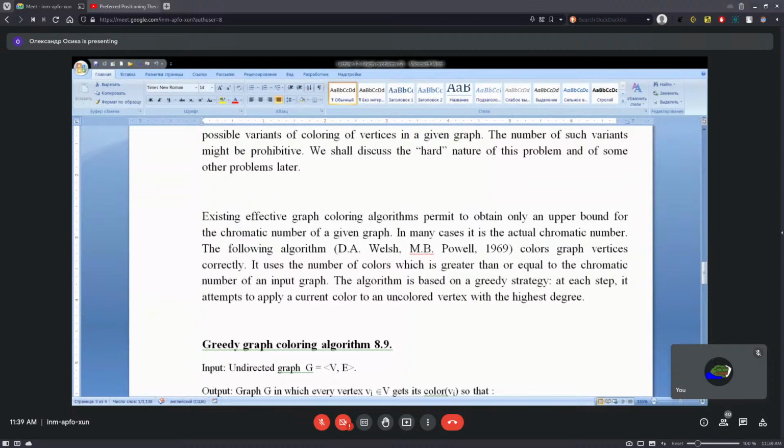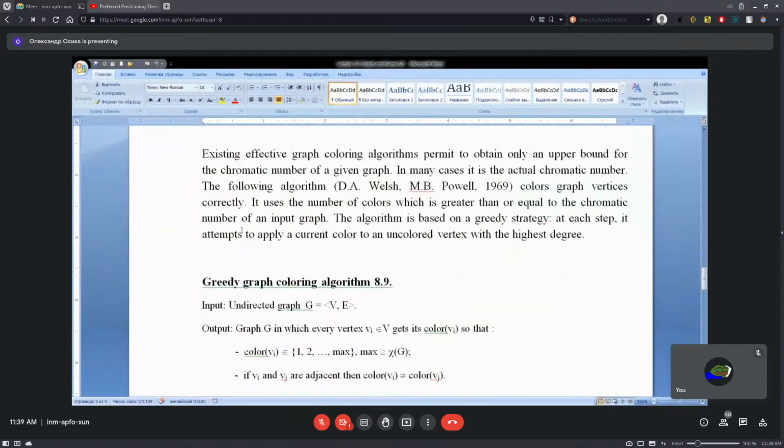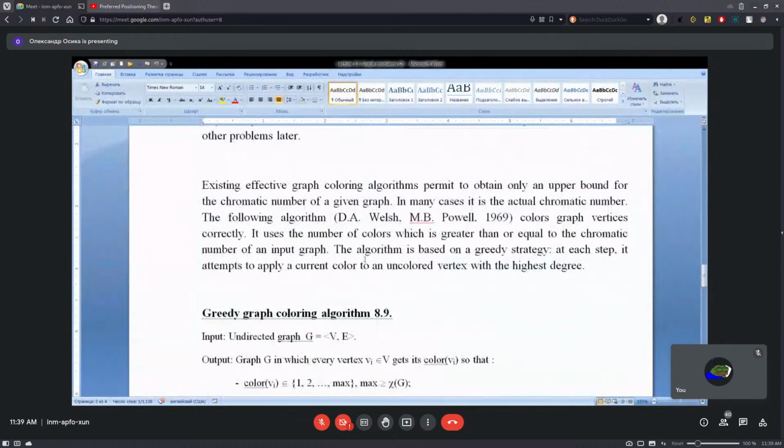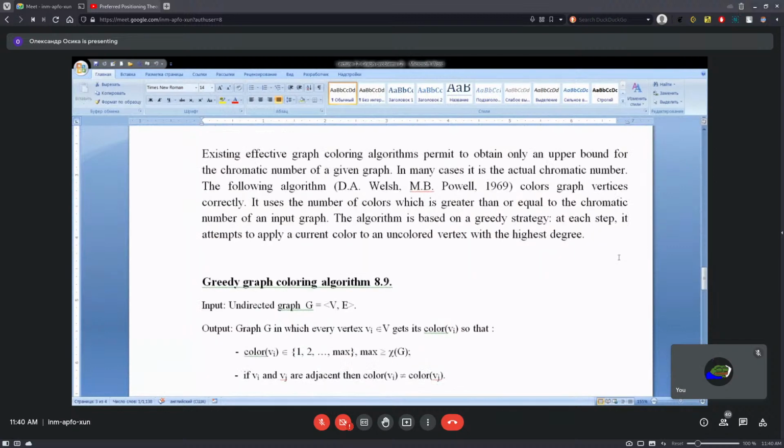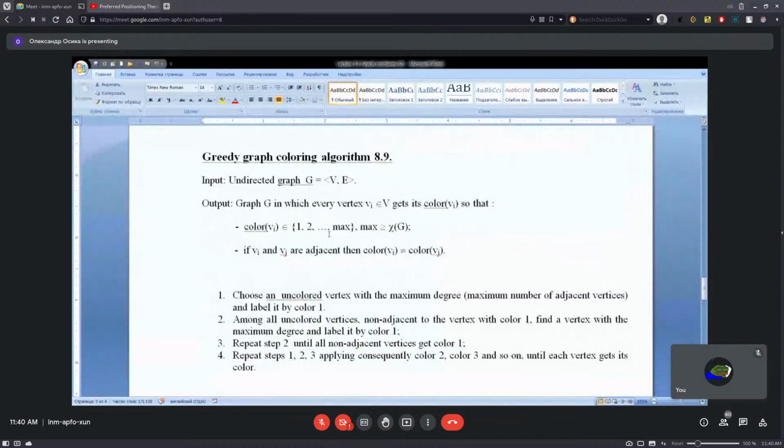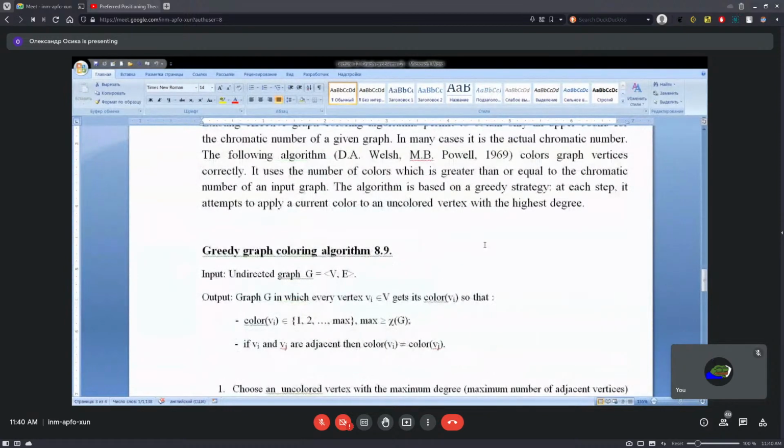In many cases, it is the actual chromatic number. The following algorithm here, a greedy algorithm designed by Welch and Powell in 1969, colors graph vertices correctly. It uses the number of colors which is greater than or equal to the chromatic number. So this algorithm allows to apply a number of colors which is greater or equal than the actual chromatic number.